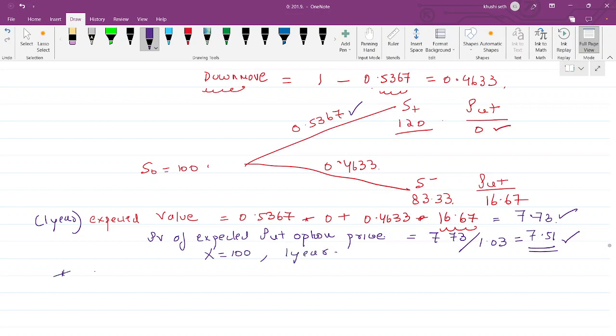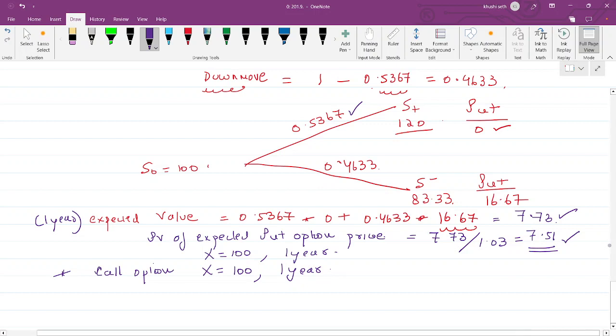Now we want to calculate the no arbitrage price of a call option on the same underlying which has the same exercise price or the strike price of 100 and expires in 1 year, right? So we want the no arbitrage premium for a call option that has a similar exercise price, similar maturity and similar underlying as our put option.